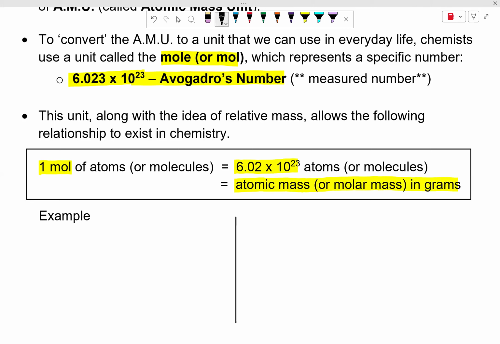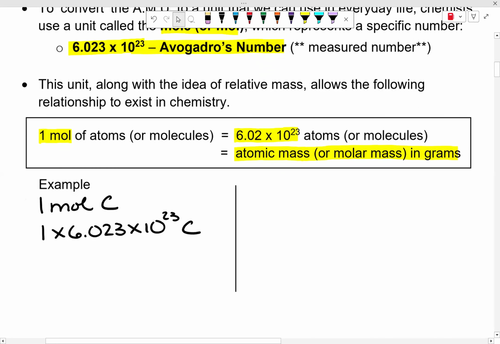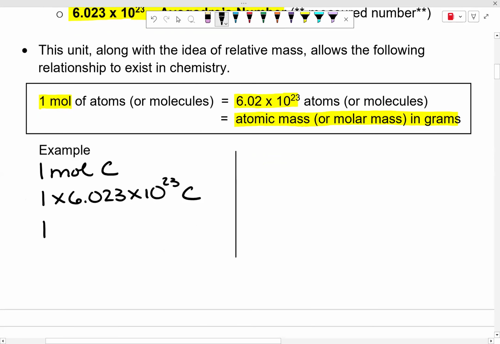Let's say, for example, I have 1 mole of carbon. For 1 mole of carbon, that means you have 1 times 6.023 times 10 to the 23 carbons, which means you also have 1 times 12.0 grams of carbon.